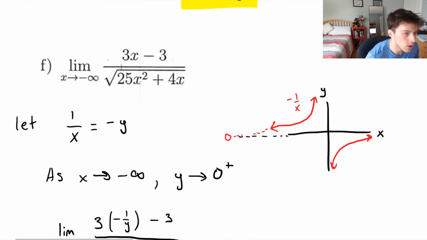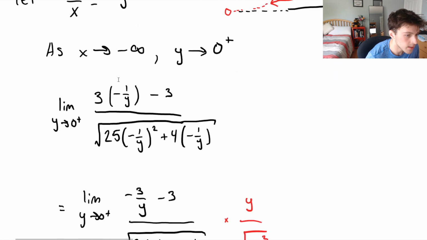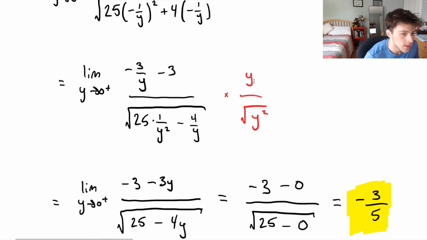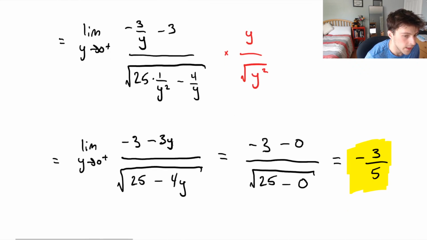And then we just took our expression that was in terms of x, we created a limit that was in terms of y, we simplified it, and then we had a limit that was also a rational function, right? But it was only in terms of positive values essentially, and it was a lot easier to figure out what the sign was. So then we solved that by multiplying out the highest degree, and then we simplified, and we resulted in -3/5.